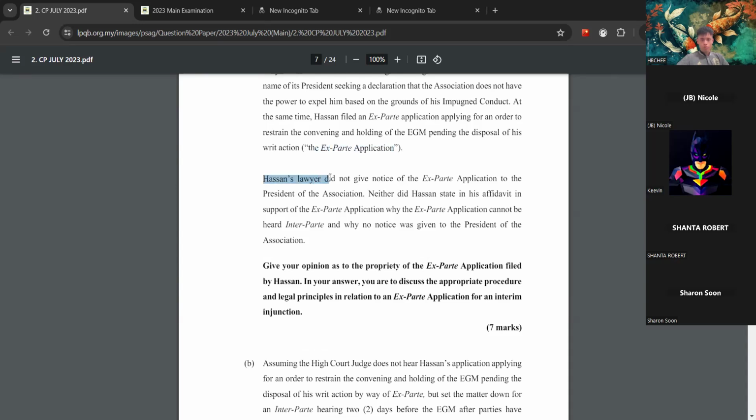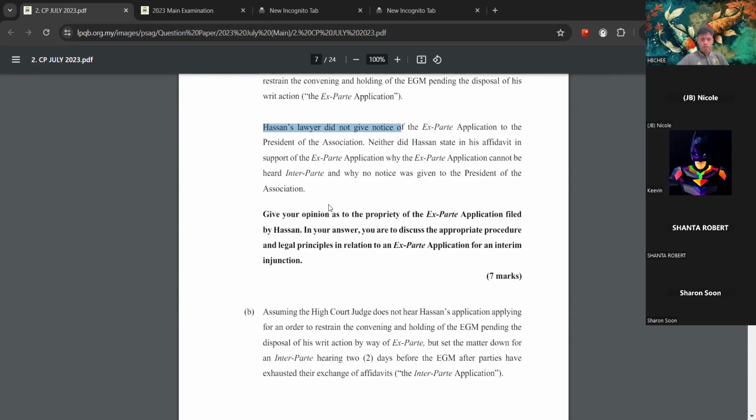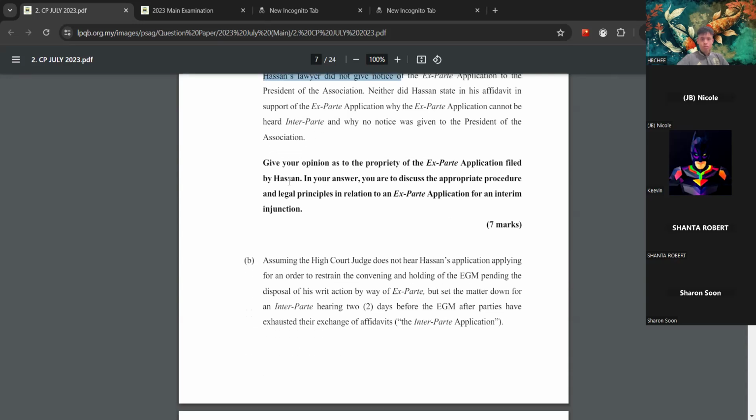Hassan's lawyer did not give notice of the ex parte application to the president of the association. Neither did Hassan state in his affidavit in support of the ex parte application why the application cannot be heard inter partes, and why no notice was given to the president of the association.